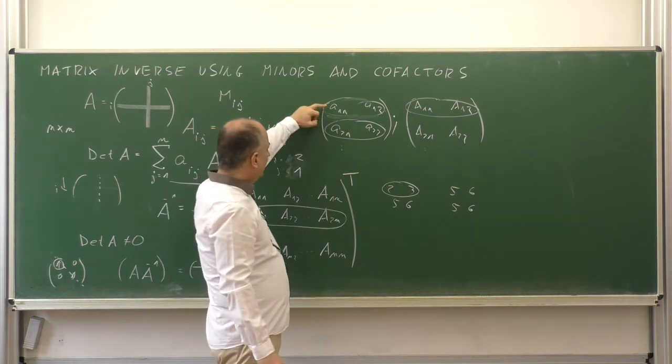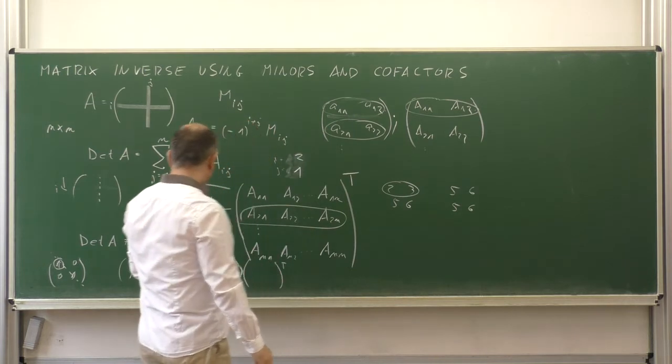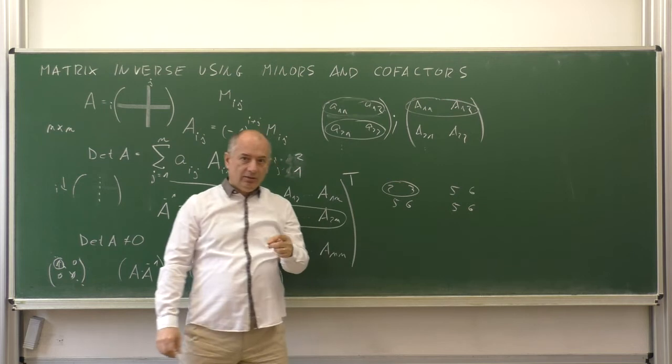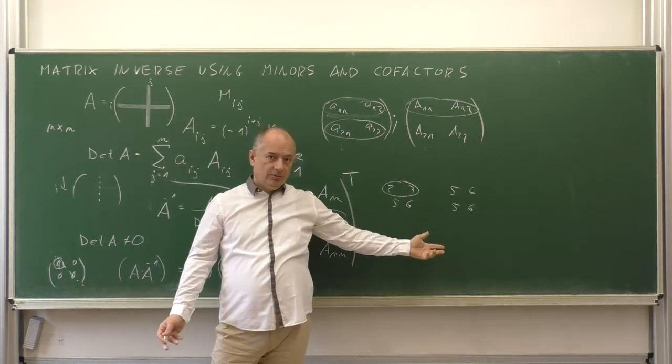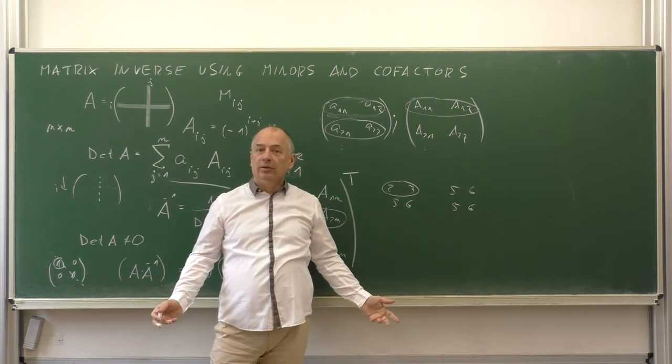But then, if we replace the first row with the second row, this product is the determinant of a matrix where we have identical rows. And the determinant of such a matrix is equal to 0.